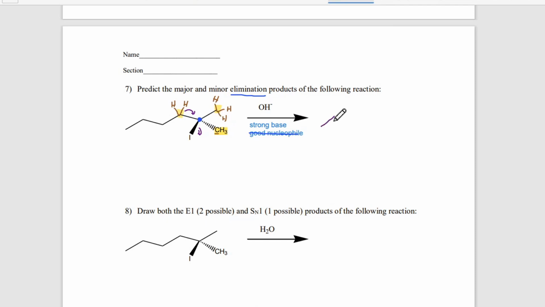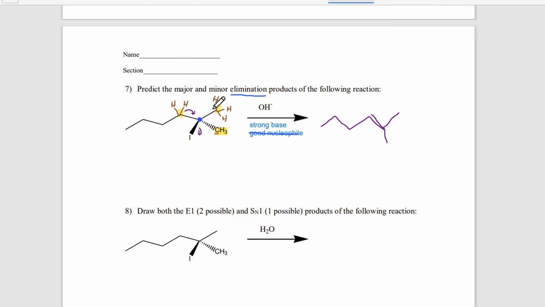So we get 1, 2, 3, 4, double bond, 5, and then I have a carbon group up here and a carbon group down here. That's 1, 2, 3, 4, 5, 6. Okay, good. So I have the right number of carbons in the chain. So this is my one possible product.